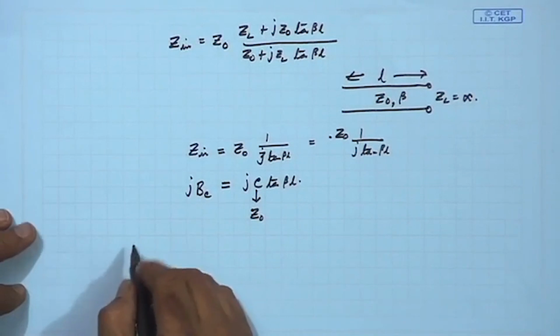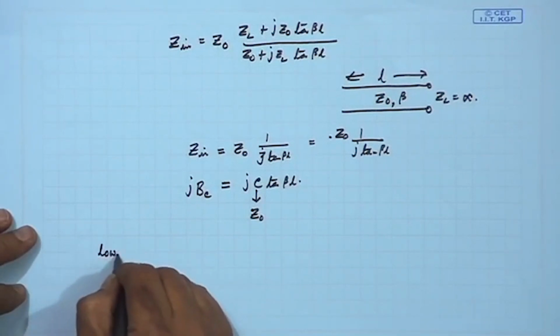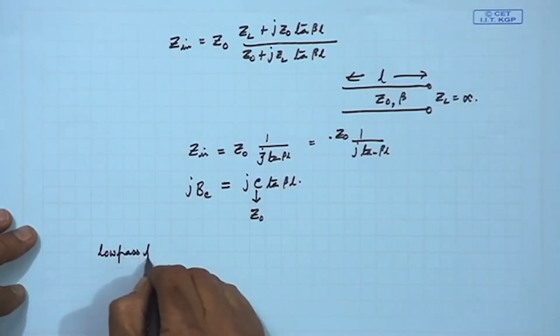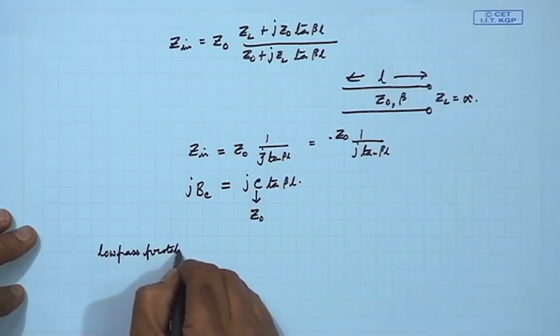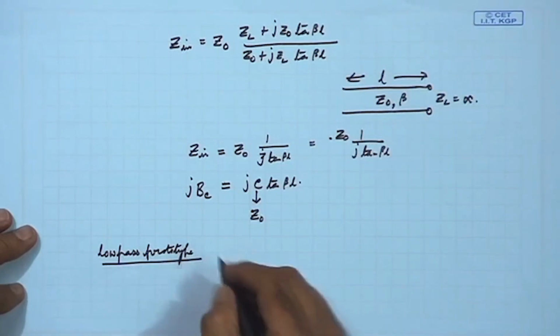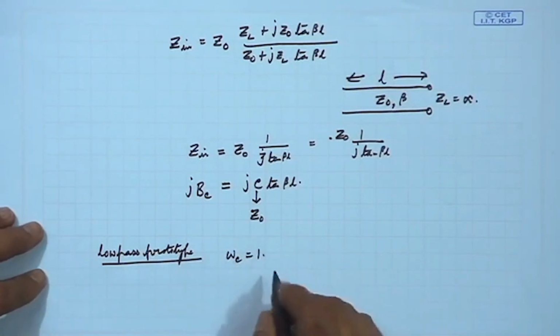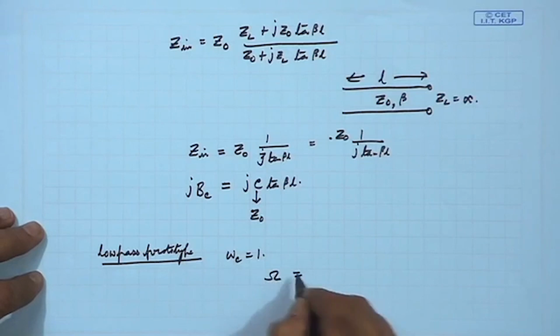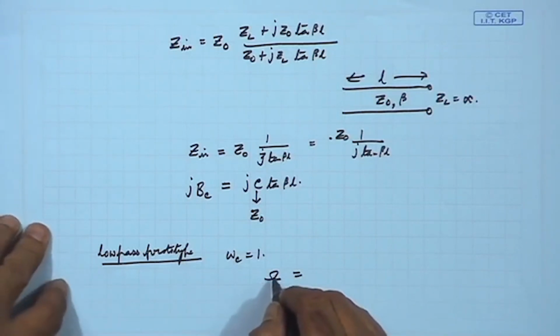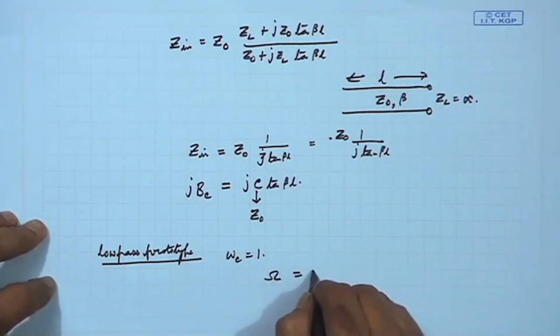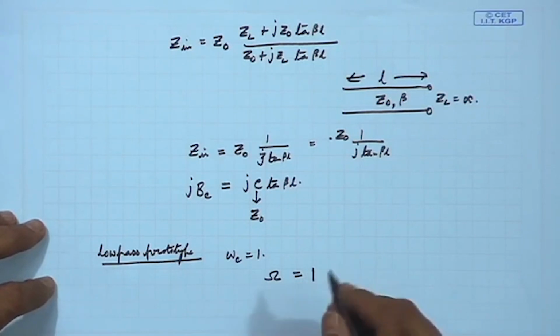Also, for the low pass prototype, the cutoff frequency was omega c is equal to 1. In Richard's transformation the mapping is to this omega plane, so capital omega is now 1.